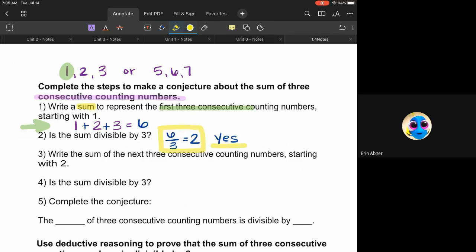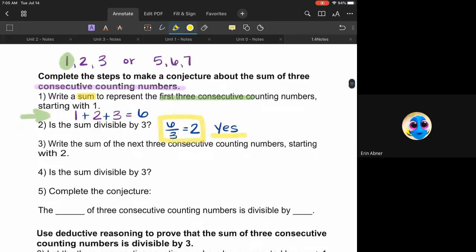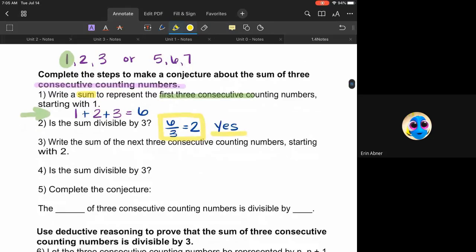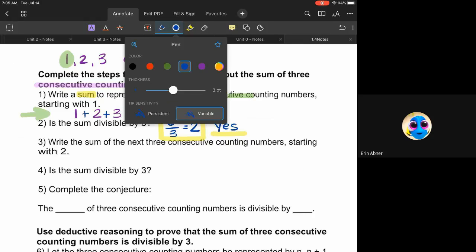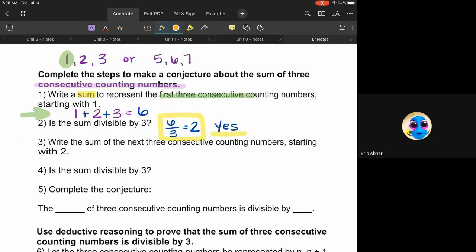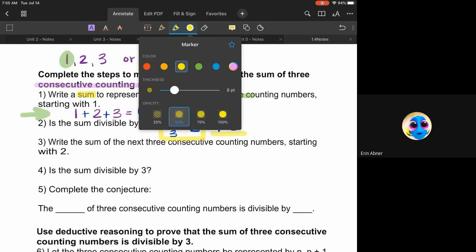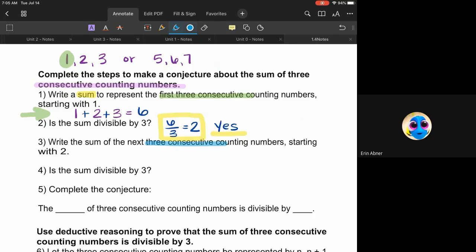Okay, now let's look at the next part. It says, write the sum of the next 3 consecutive counting numbers starting with 2. So now it's going to give us another go round on it. This time it wants us to start at 2, and it wants 3 consecutive counting numbers.